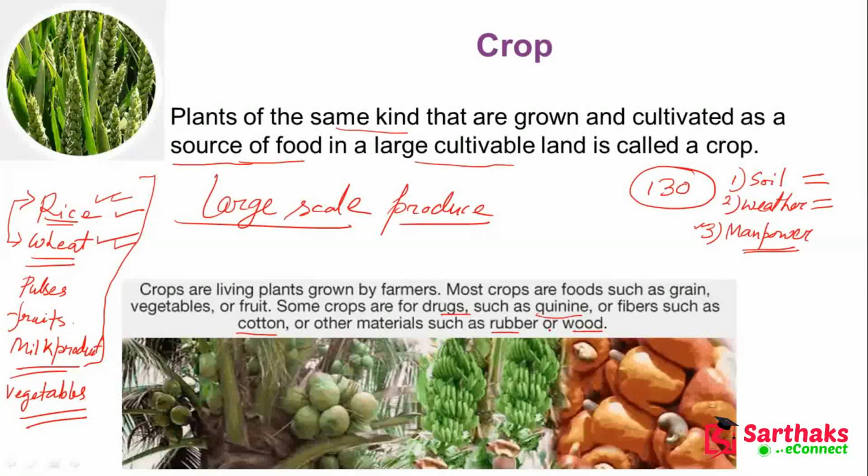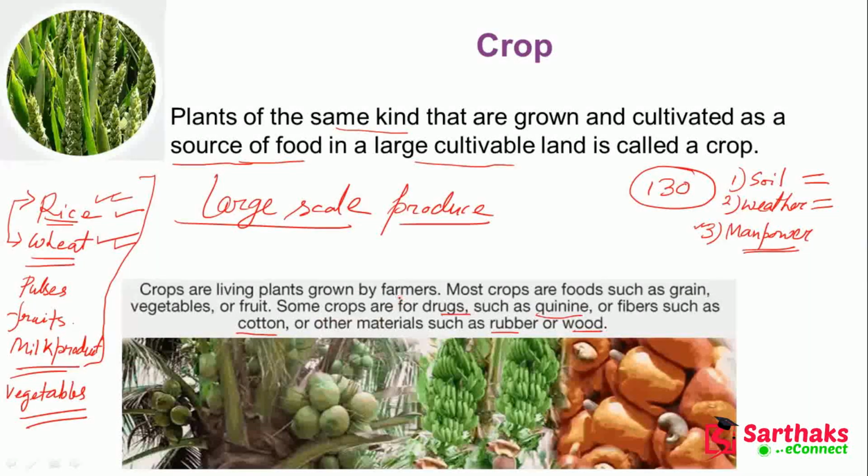It is not like that crop means only the things that you are eating. Crop means whatever you are using in a large scale. The you means the human beings, or it may be not only the human being, it may be other animals also. They are using in a huge number, and so we are cultivating that thing.